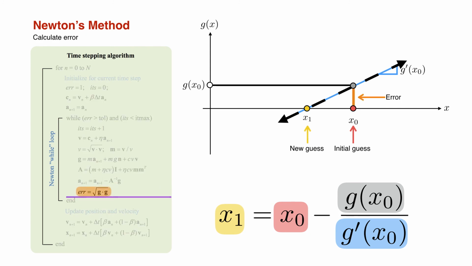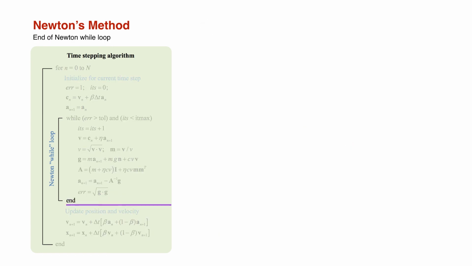So then next we can calculate error. Error is the distance of that line. So we want g of x to be 0. So if it's not 0, that's the length of the line, which is why we use the norm function for error. And we can iterate the Newton while loop until we're satisfied with the error. So when error is less than tolerance, the loop will end.